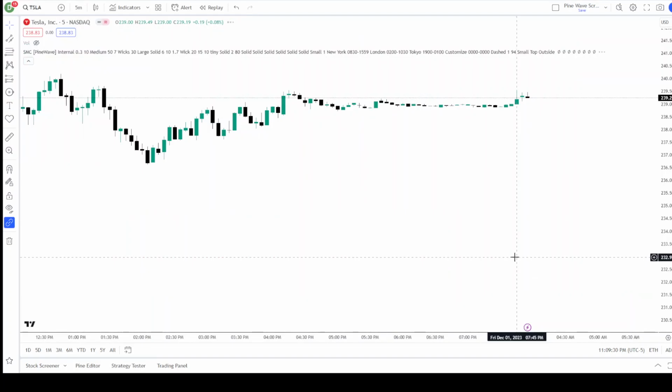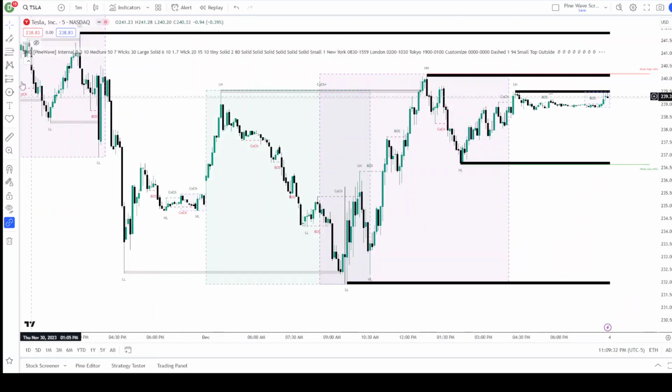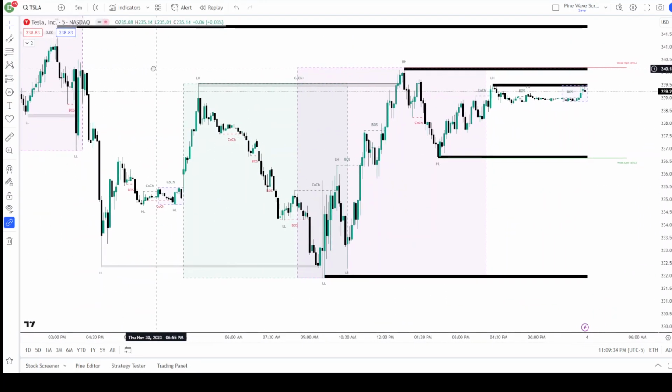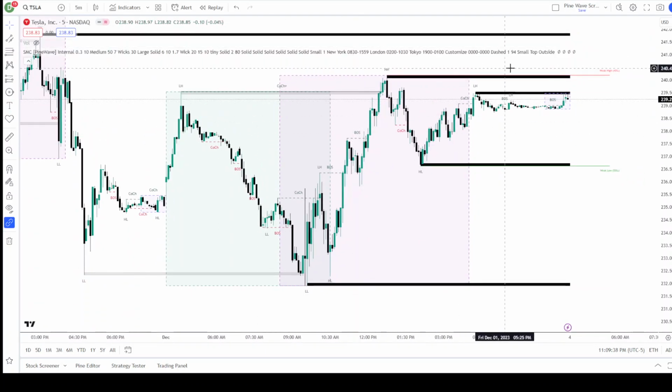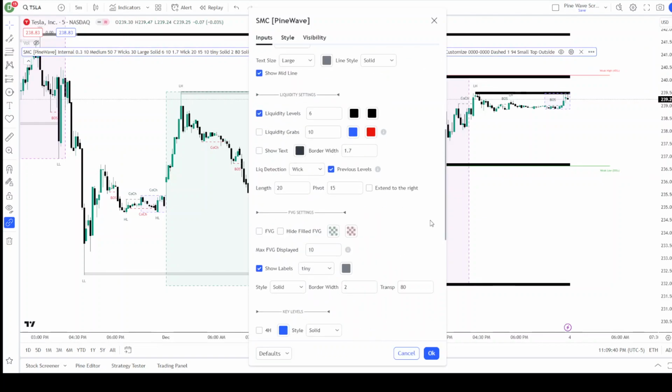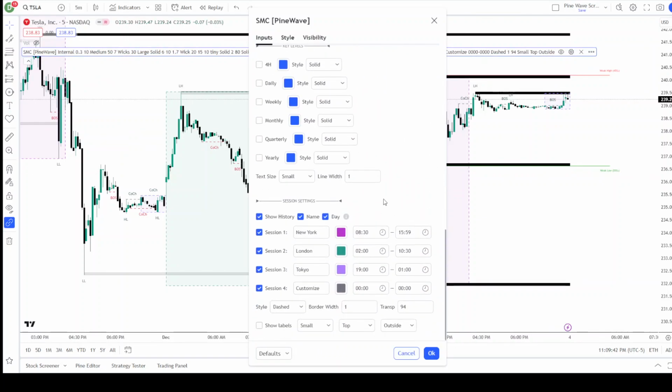Let's drop down even to a different time frame here. Okay, so on this, it's showing this just gives us the opportunity to put in different sessions.